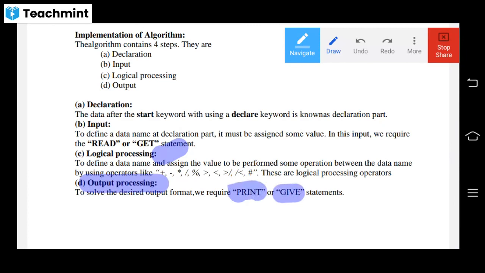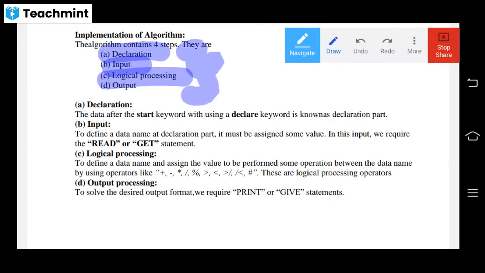Like this only in programming, in an algorithm, it depends on these four steps. What are those four steps? Declaration, input, logical processing, and output. In the declaration part we have the declare keyword.